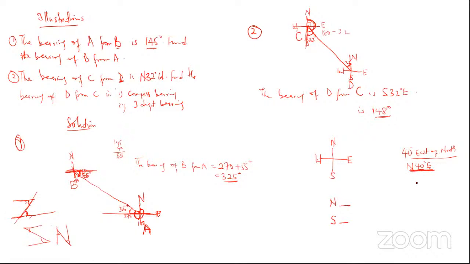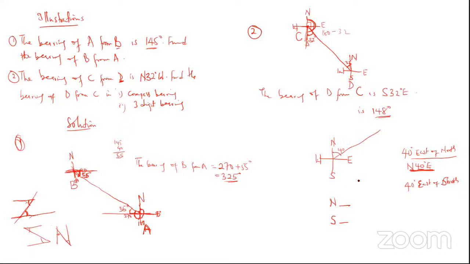You can also describe it based on the south. 40 degrees east of south means you are starting from the south, and you are measuring 40 degrees towards the east. For the one with 40 degrees east of north, you are starting from the north, you measure 40 degrees towards this.